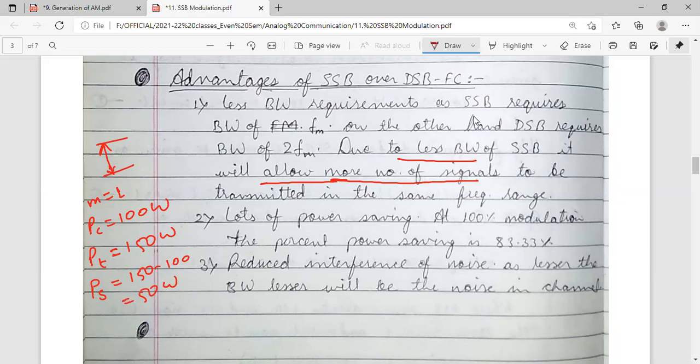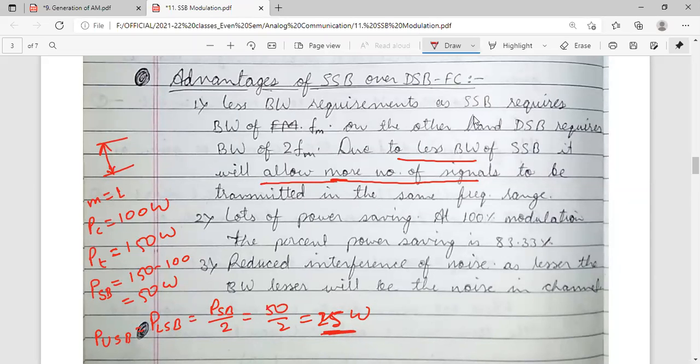This 50 watt consists of the upper sideband and lower sideband. So the power of the upper sideband equals the power of the lower sideband, which is PSB by 2, that is 50 by 2, so we have 25 watt only. So what is the total power consumption, and what is the power consumption in the sideband which contains the actual information?